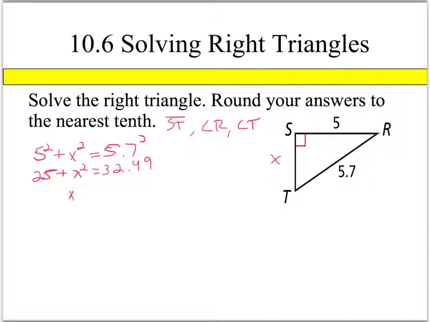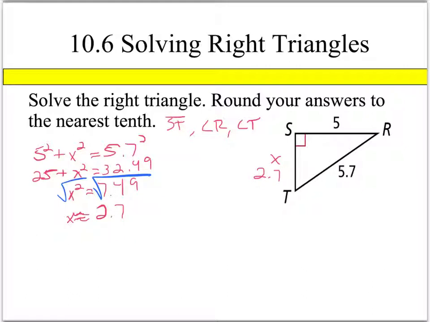When I subtract each side, I come up with 7.49. Take the square root. Look at those colors. Red, white, and blue. Patriotic. Okay. X is equal to, roughly, approximately 2.7. So I know that the measure of ST is going to be 2.7.